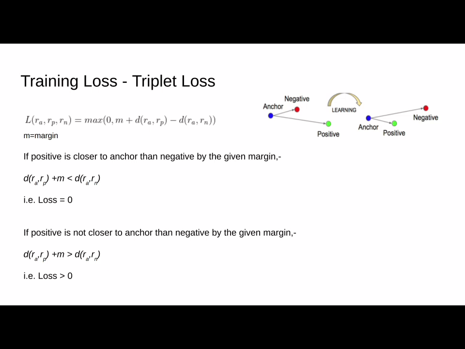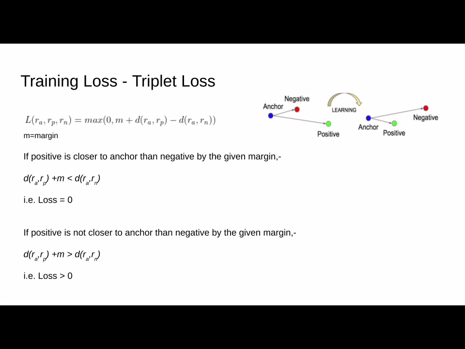So what we try to do, as shown in the image on the top right, in a nutshell, is do some learning so that the distance between the anchor and the negative is maximized, and the distance between anchor and positive is minimized.